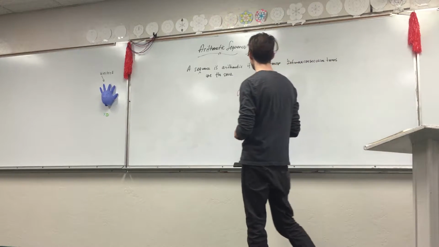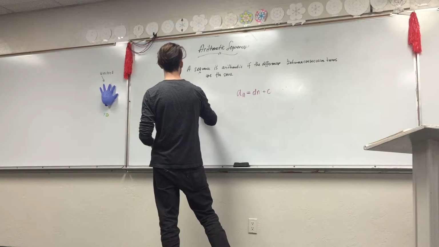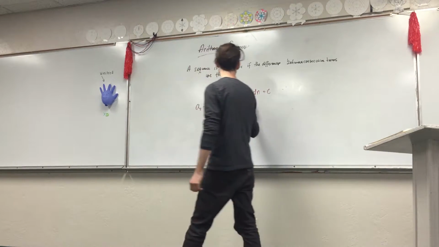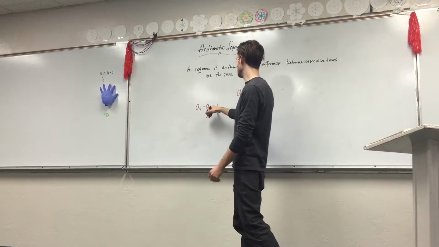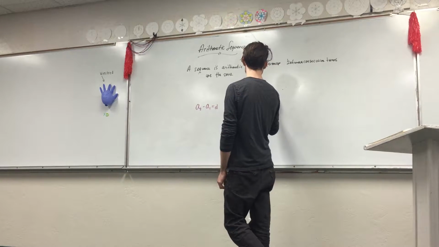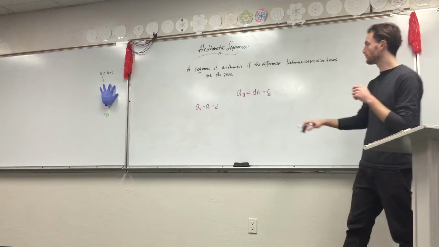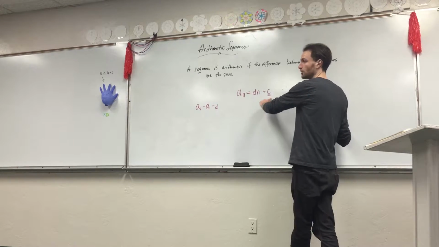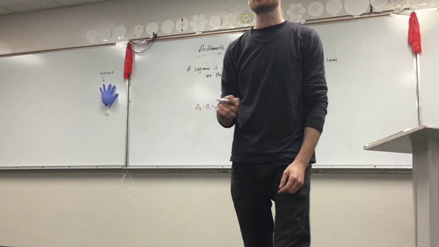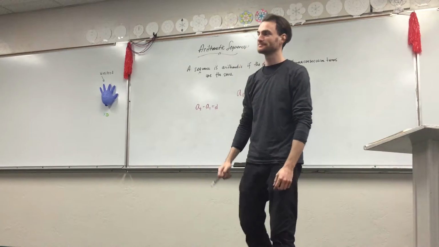Where the difference, for instance A2 minus A1, will equal d. So if I'm adding 2 each time, then d would be 2. And c is just the constant, not necessarily the first term, because the first term will be c plus d. It's the constant that I'm adding to everything.